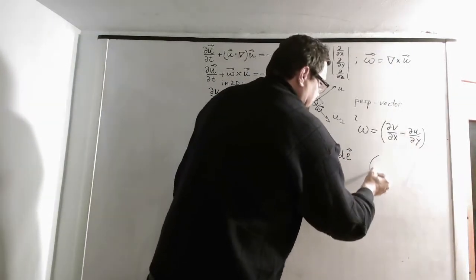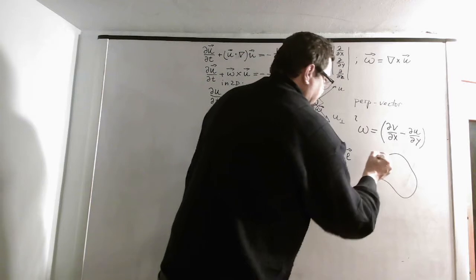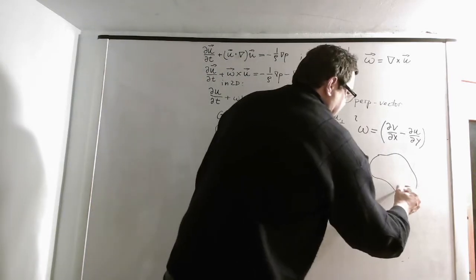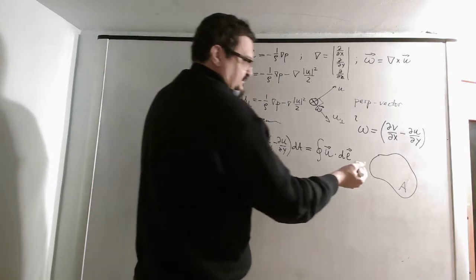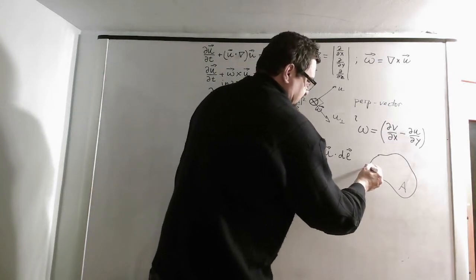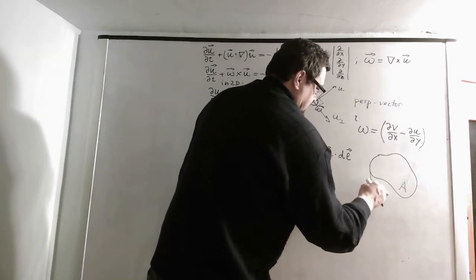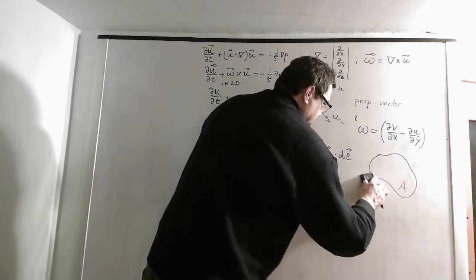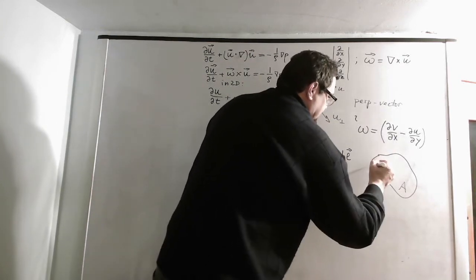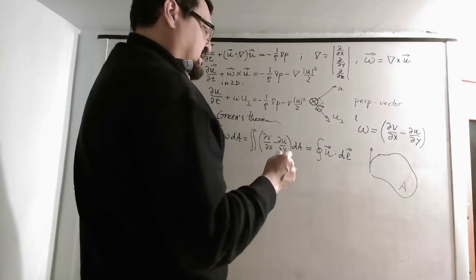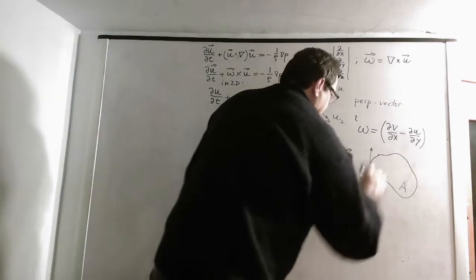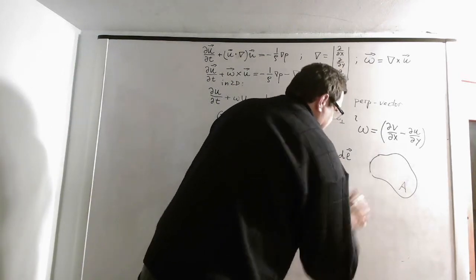So let's see. We have some area A, and then we have u and v vectors. It's counterclockwise, remember, like last time, which is this direction.